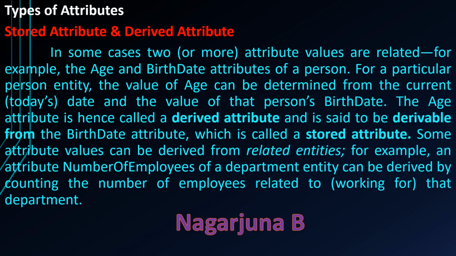If you know the person's date of birth, we can calculate the person's age by using today's date. That means the age attribute is a derived attribute because it is obtained by using the date of birth attribute, which is called a stored attribute.